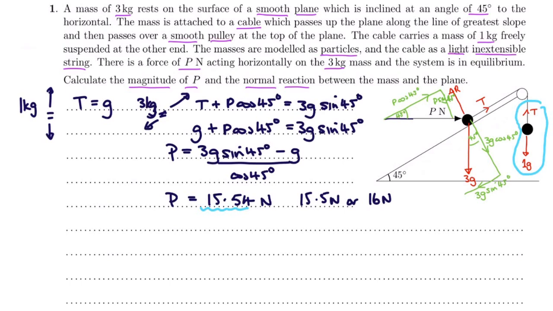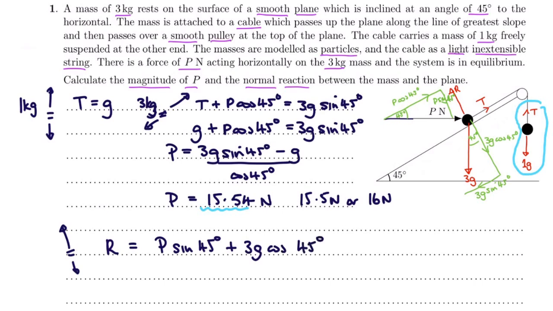This time I'm going to resolve up from the slope and down from the slope, so perpendicular to the slope. If you have a look now, you can see that we've got R, the force going up perpendicular from the slope, and coming down we've got P sine 45 and 3G cos 45.